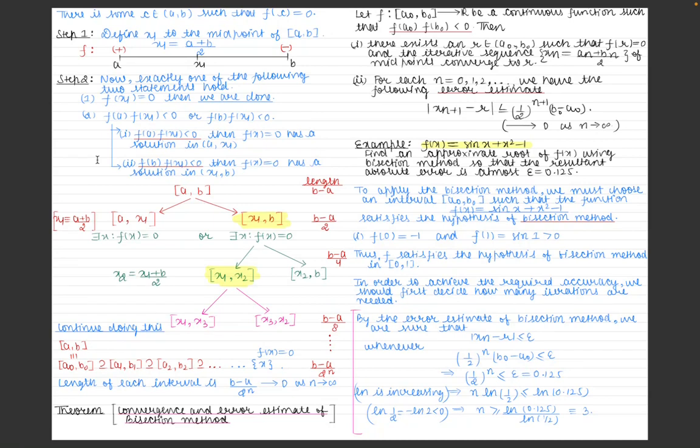Let's say a naught b naught to be our a b, then a1 b1, then a2 b2. You keep on doing this. This is our actual interval. Continue doing this.